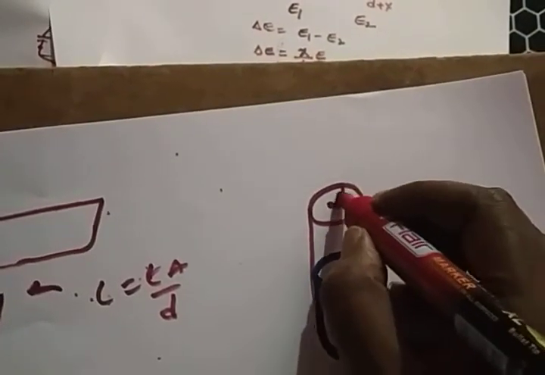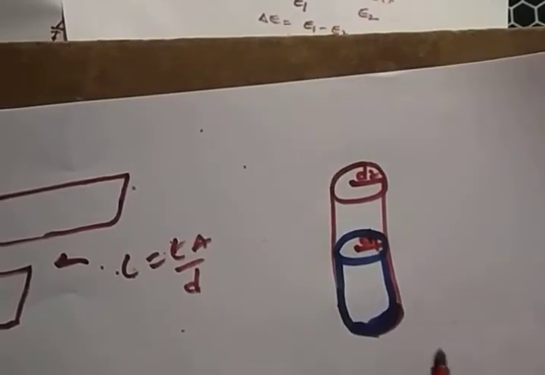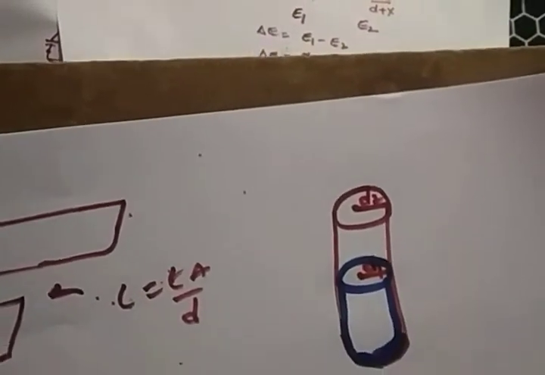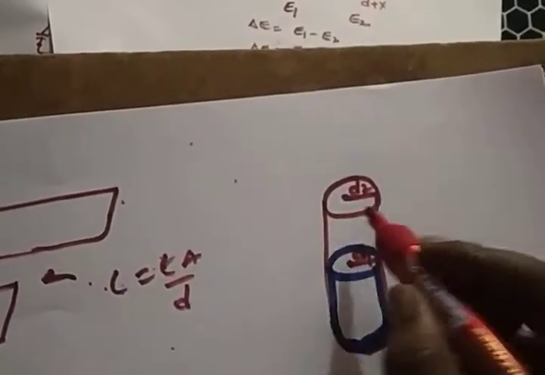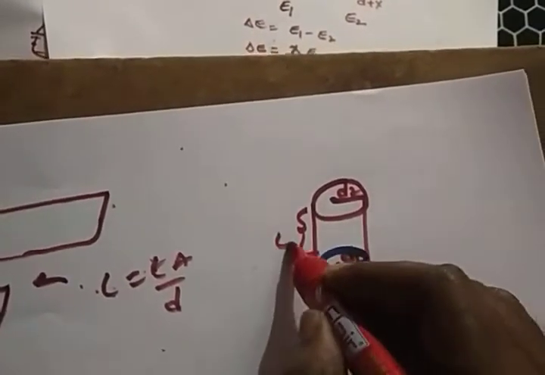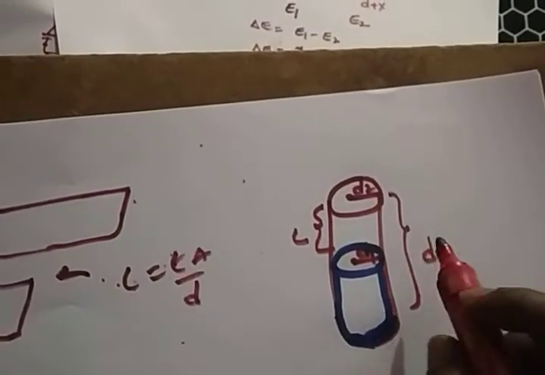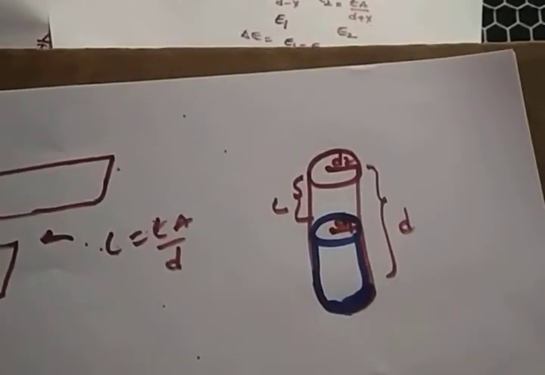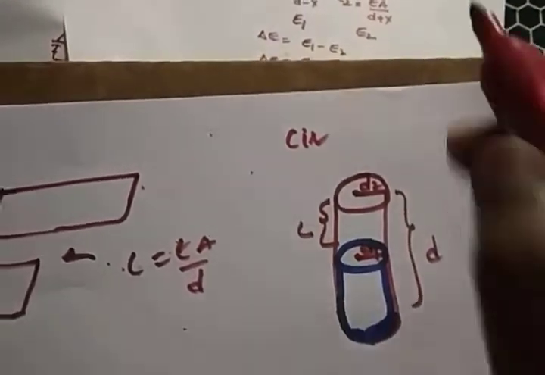The diameter here is D2, here the diameter is D1, right? So we can call it a distance, this we can call it a capacitance, right? This we can call the distance between the plates, right? This type of circular arrangement can be used for a minute change in the displacement.